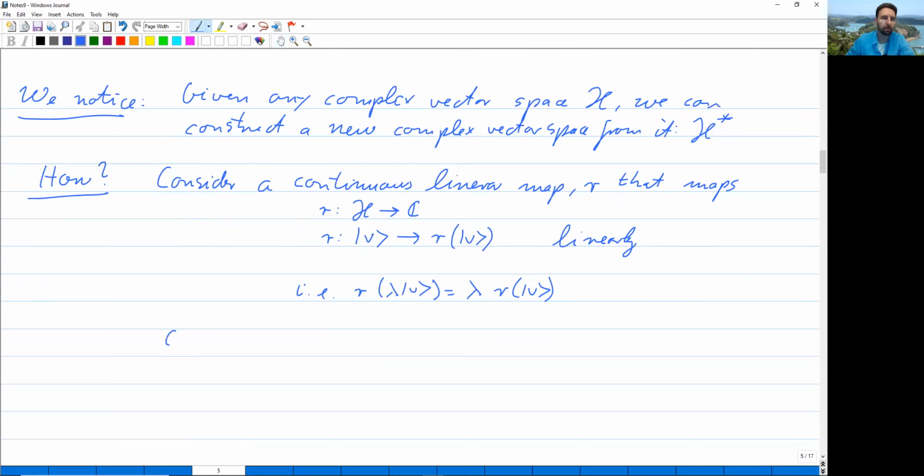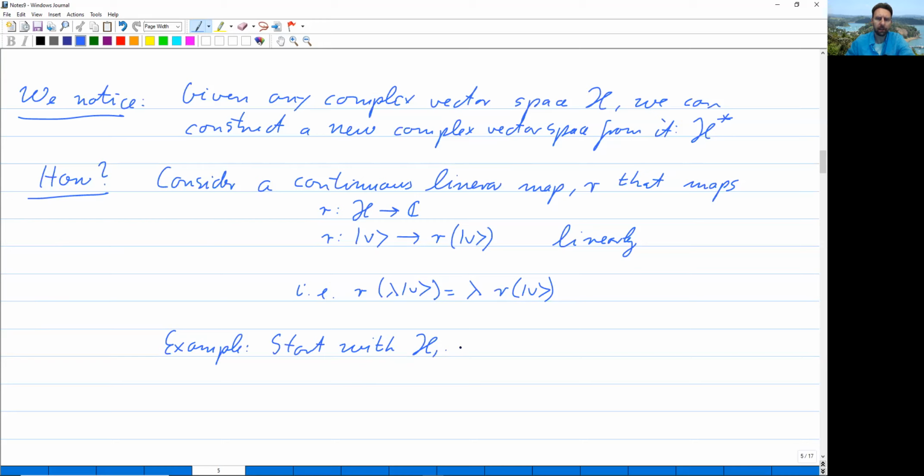Let's look at an example. Start with H1. Remember that was the complex vector space of 3 by 2 matrices. Then, let me write down a linear map from H1 into the complex numbers.